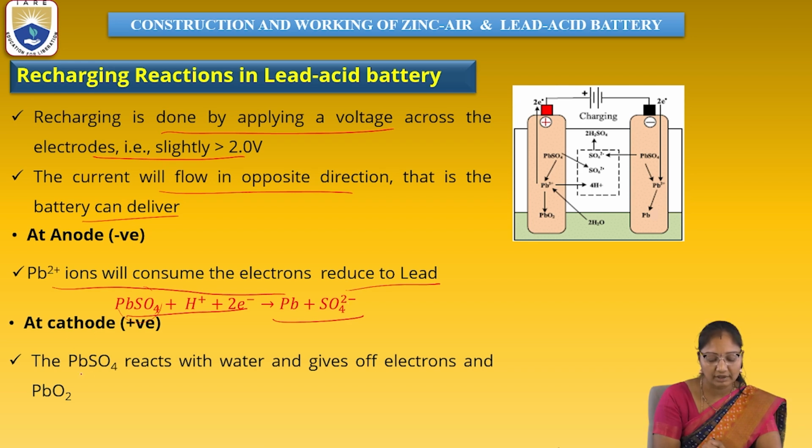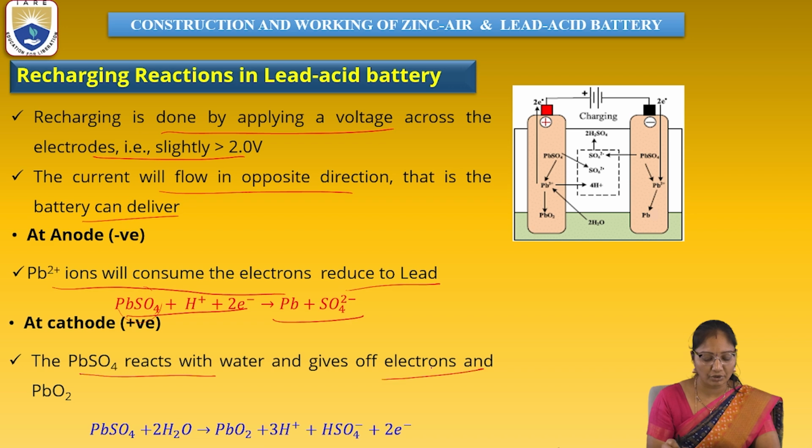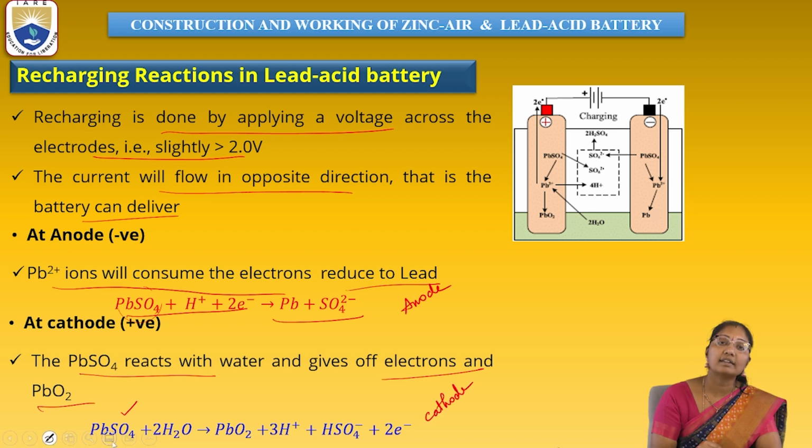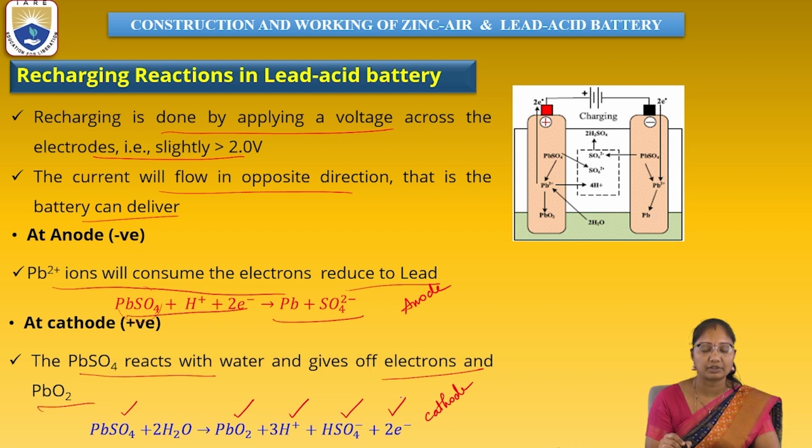So at cathode, the PbSO4 reacts with the water and gives off electrons to PbO2. So here this is at anode. This process is at anode. And at cathode, what happens? This lead sulfate reacts with the water molecules and gives rise to lead oxide, 3H+ ions, HSO4- and 2 electrons.